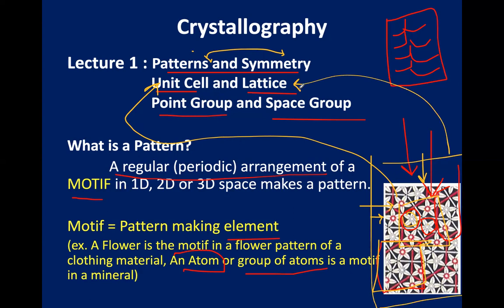The smallest repeating unit is a unit cell, and several unit cells will define a lattice for a crystal, right? You know about lattice. In chemistry also you have learned about this lattice and some shapes of this lattice. Even tetrahedron is one of the lattice shapes. So that all depends on the unit cell dimensions and its shape, right?